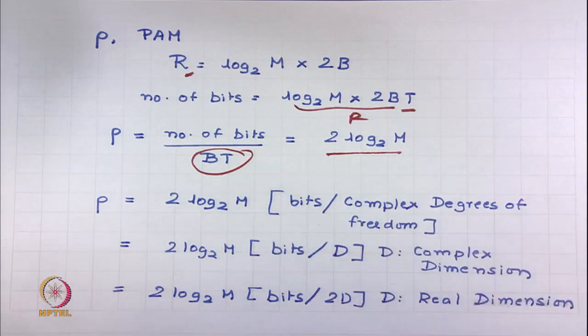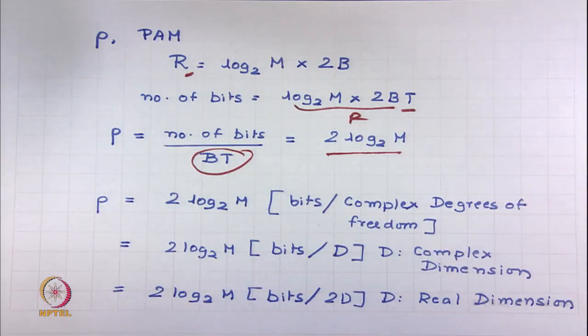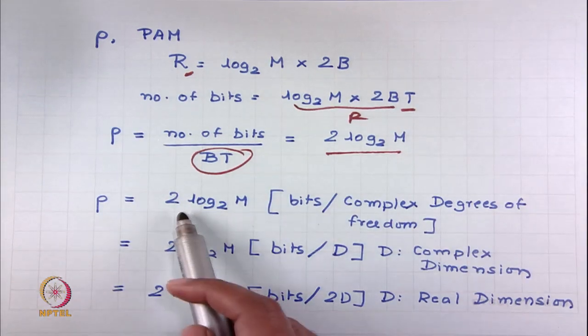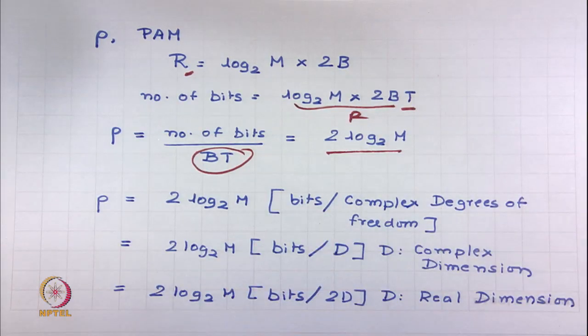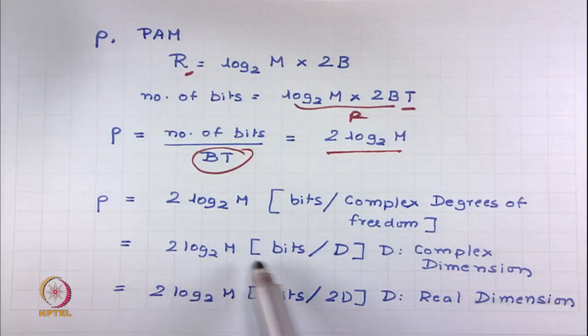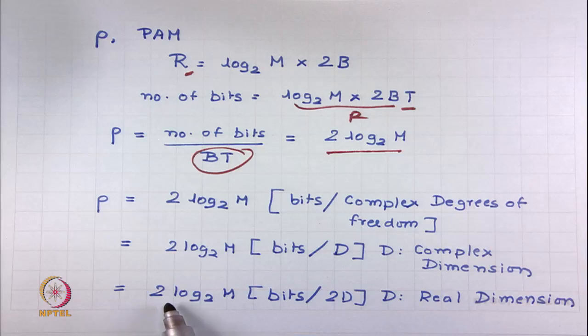Now, let us look at the units. One unit of course, we have seen as bits per second per hertz, or I can write the units as 2 log 2 m bits per complex degrees of freedom, because time bandwidth product is complex degrees of freedom, or it is sometimes written as 2 log 2 m bits per D, where D represents the complex dimensions, or you can write this as 2 log 2 m bits per 2D, where D represents real dimension.